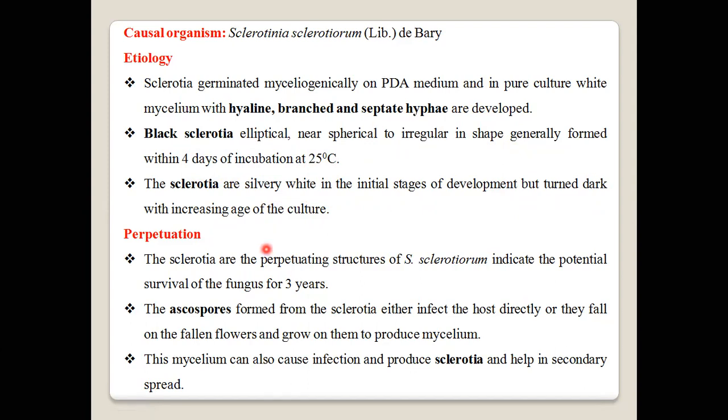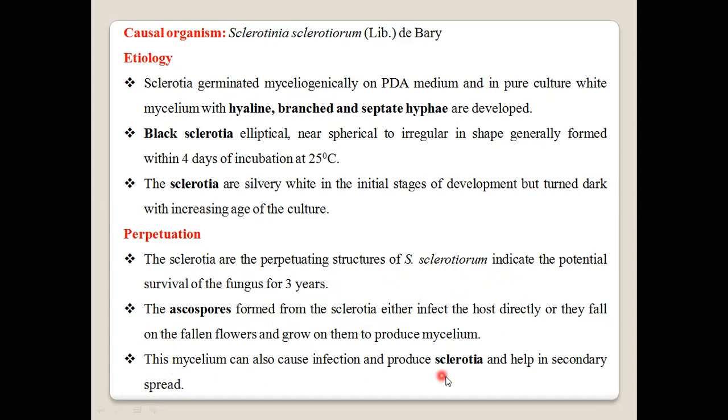Primary infection takes place through infected plant debris in the soil, meaning the infected roots and stem debris in the soil. That is where primary infection initiates. Then ascospores are produced after the germination of the sclerotia.